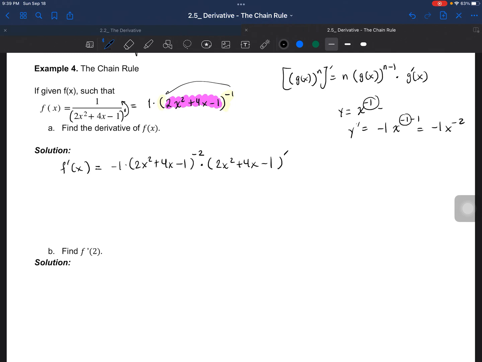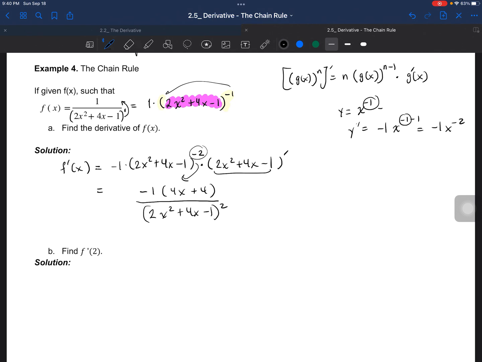This is a product there, but we're just going to finish up the last part. We still need to do the derivative of the inside. Because this has a negative power, we're going to move it to the denominator. So we have negative 1 times the derivative of the inside, which is 4x plus 4, all over 2x squared plus 4x minus 1.